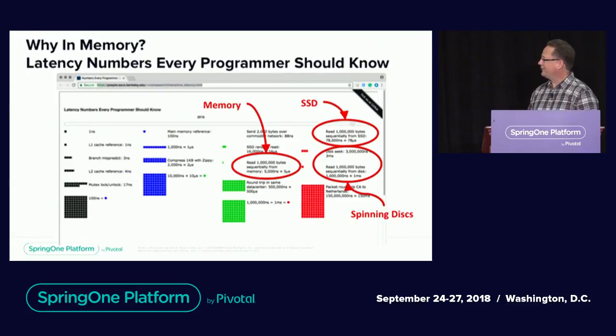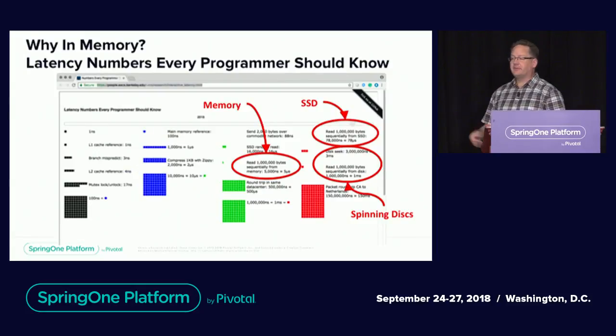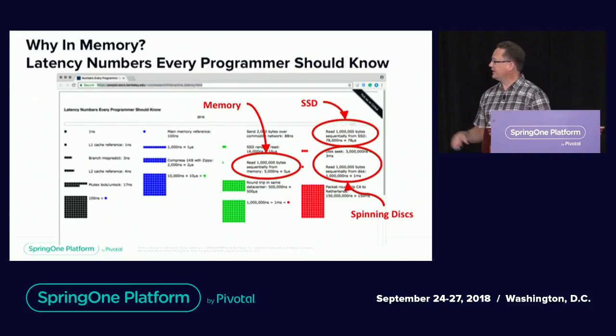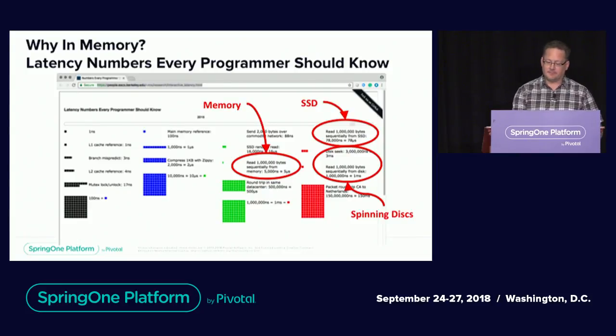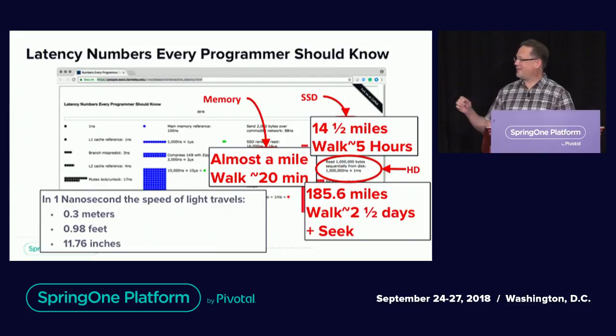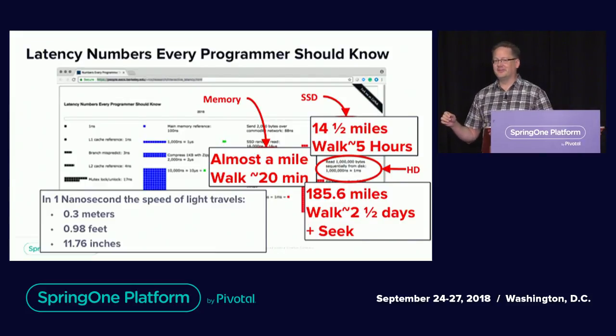Why in memory? There is definitely a performance difference between disk and RAM. Memory is still valid, even with these really nice SSDs out there. If we take a Grace Hopper reference, she asked how far light travels in a nanosecond.